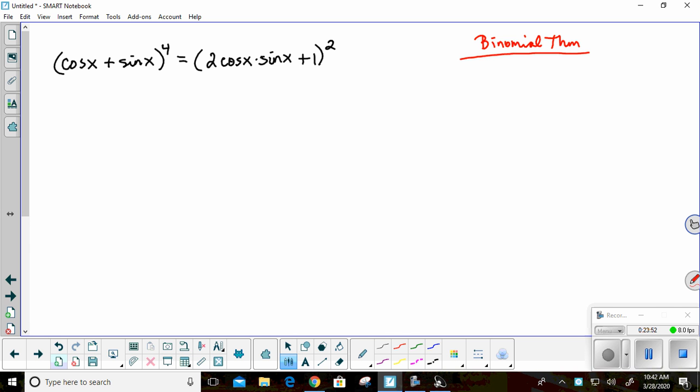Binomial theorem says that if we have a plus b to the n, here's how you calculate it without having to multiply it all out.